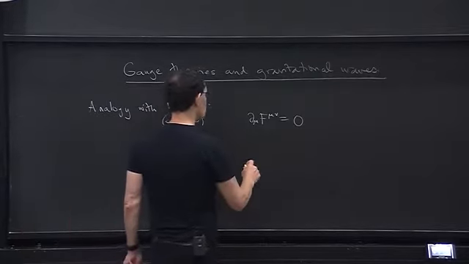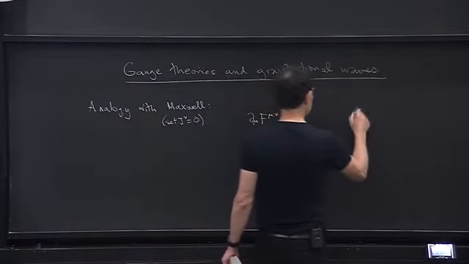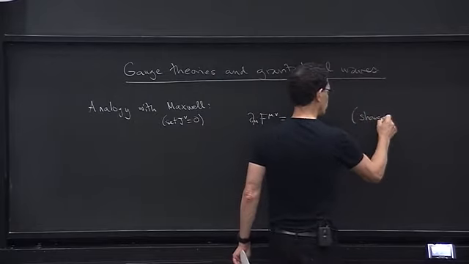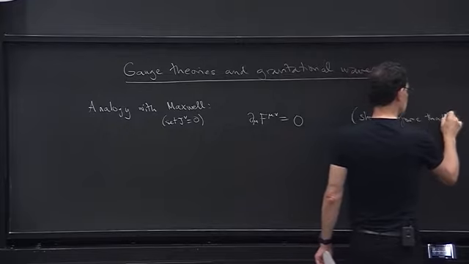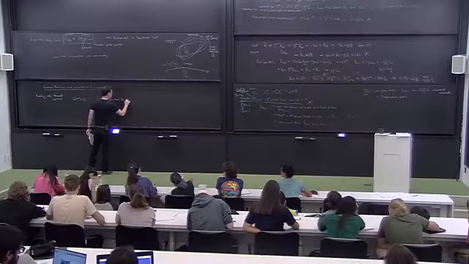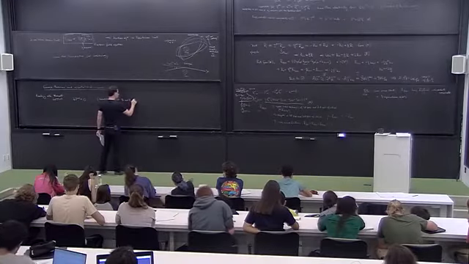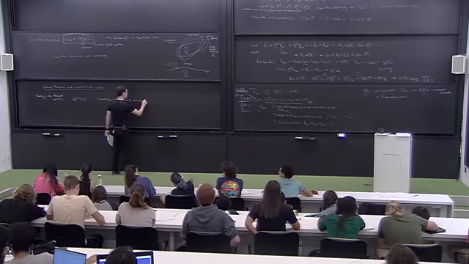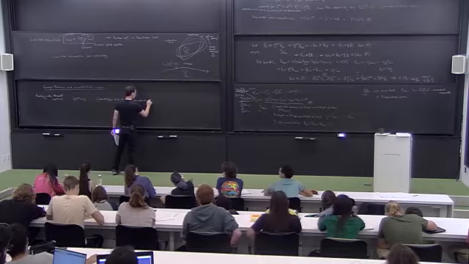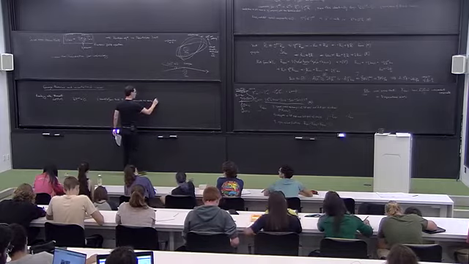Let's discuss it from a slightly different point of view. Showed before that E and B propagate as waves at the speed of light.